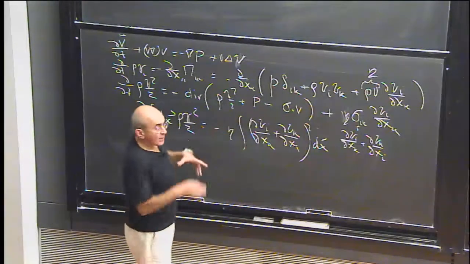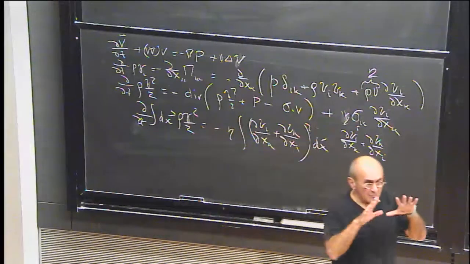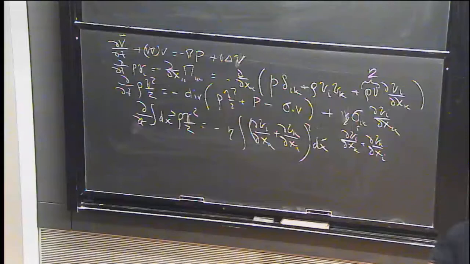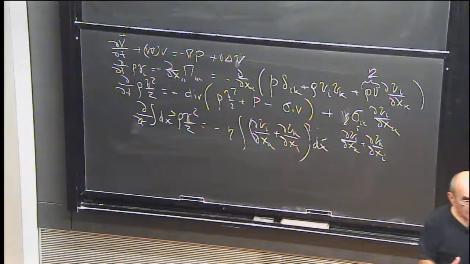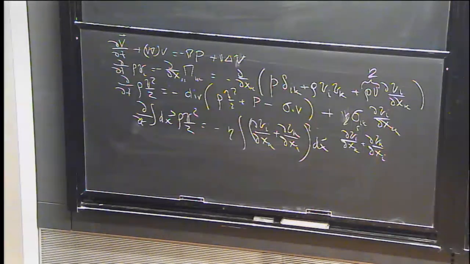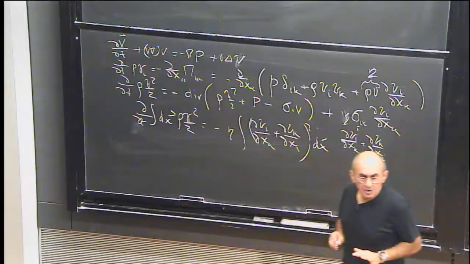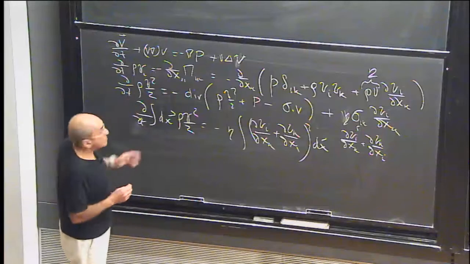And so essentially what diffusion of momentum does, it preserves the translation invariance in space, it preserves space homogeneity, which means it preserves conservation of momentum, but it breaks time reversibility and it breaks energy conservation. Okay, so this is an important point.